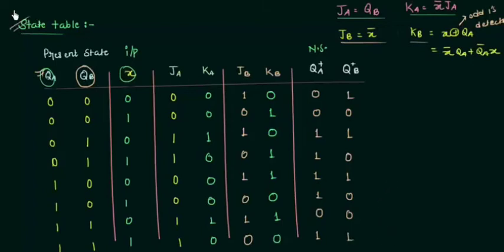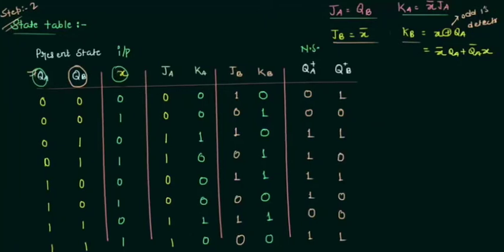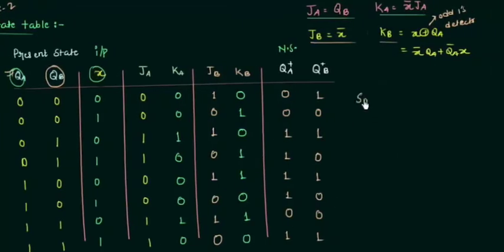We are done with step number 2 also, and the final step is to make the state diagram by using this state table. As there are two flip-flops, there are a total of 4 possible states, and these states are S0, which is 0 0 (QA, QB), S1 is 0 1, S2 is 1 0, and S3 is 1 1.